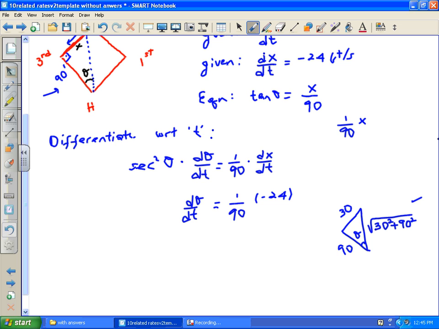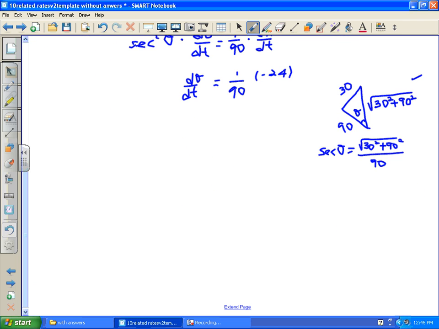All right, so now secant theta from this triangle is hypotenuse over adjacent, which is this. But remember that we need secant square of theta. So secant square of theta, squaring the right hand side, we will get, on the top we'll lose the radical, right?